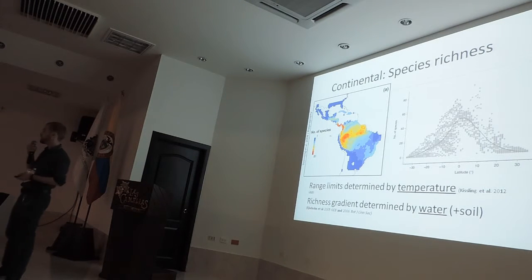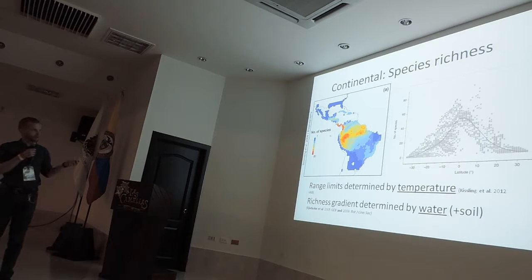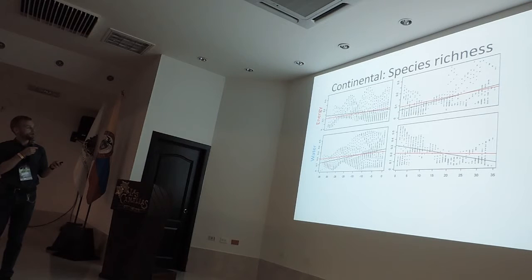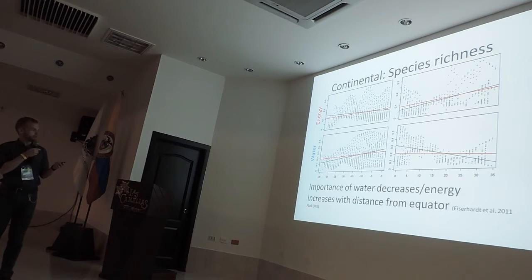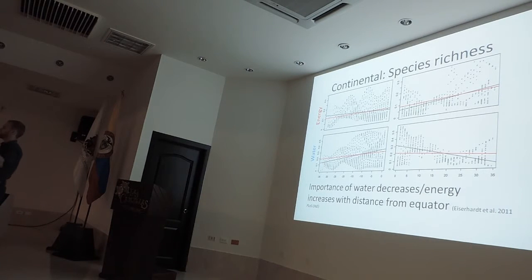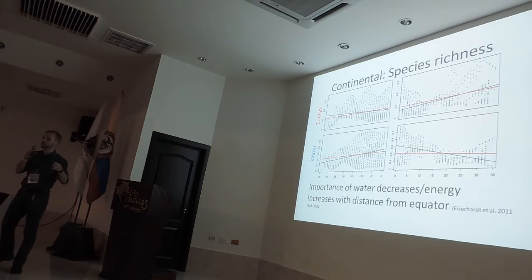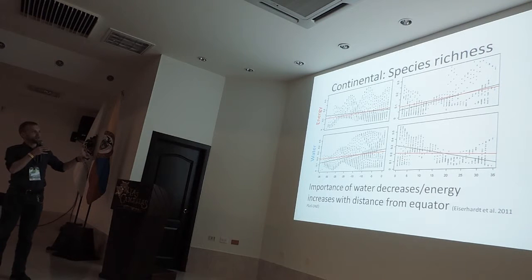And this is something that has been hypothesized as a macroecological hypothesis, namely that there is a shift between water and energy importance with latitude. We looked at this in more detail in a study that we published in 2011, using a sort of moving window approach, looking at correlates of palm species richness from the equator to the poles. I think this must be the northern hemisphere, and this is the southern hemisphere.